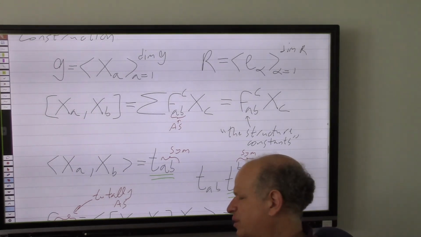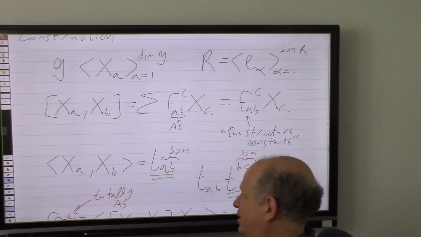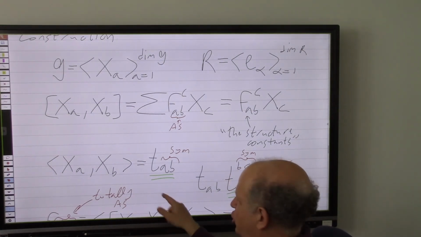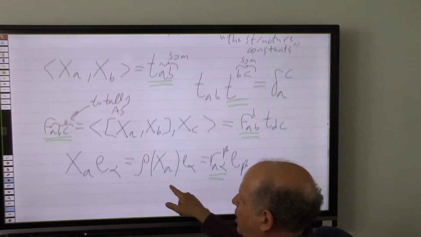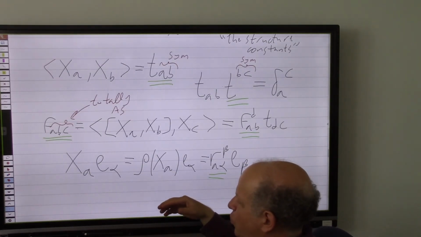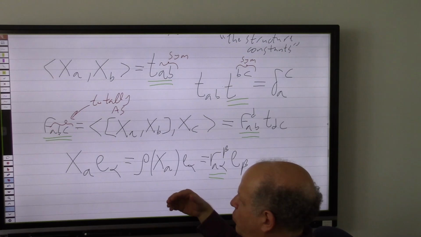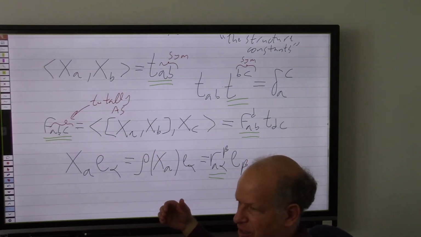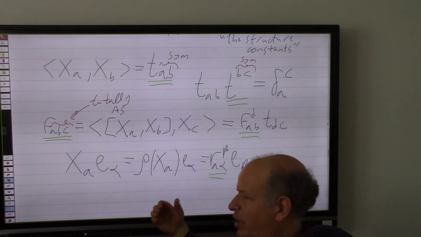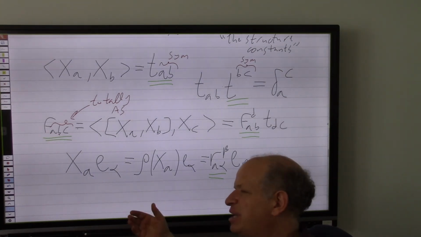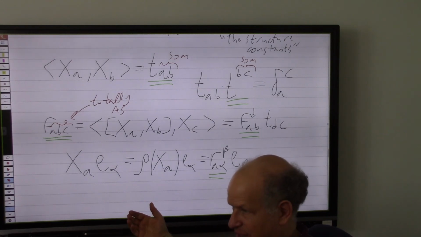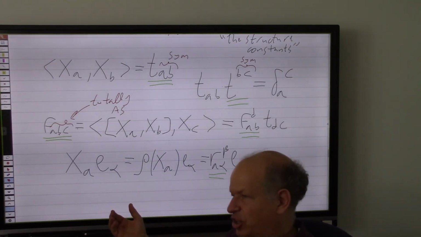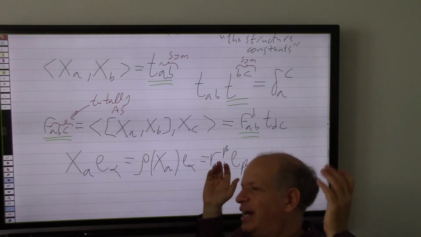Now, this kind of thing is actually more general. I used Lie algebras and representations, but there are similar calculi for different types of algebras. There's something called Poisson algebras.